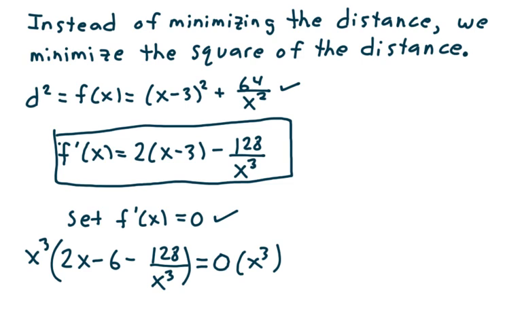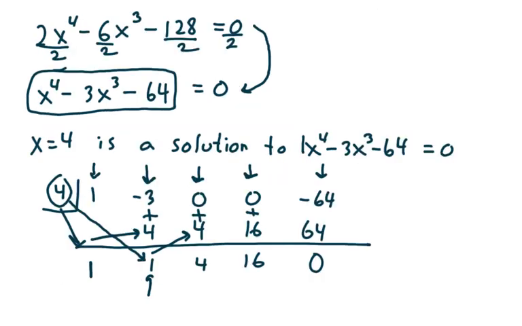And what I want to do is multiply both sides by x cubed to clear the fraction. So that's what I'm doing on this bottom line here. So when I do that, I get 2x to the 4th minus 6x cubed minus 128 equals 0.